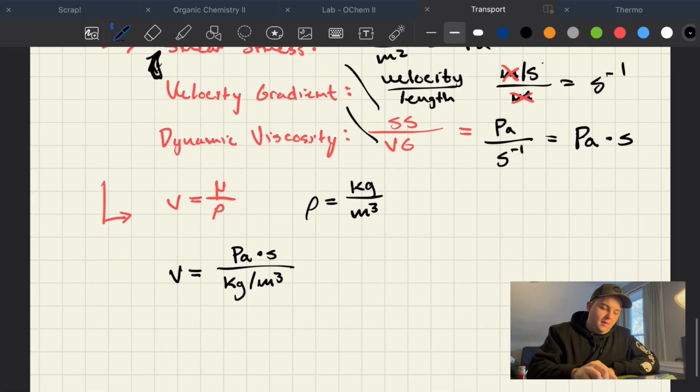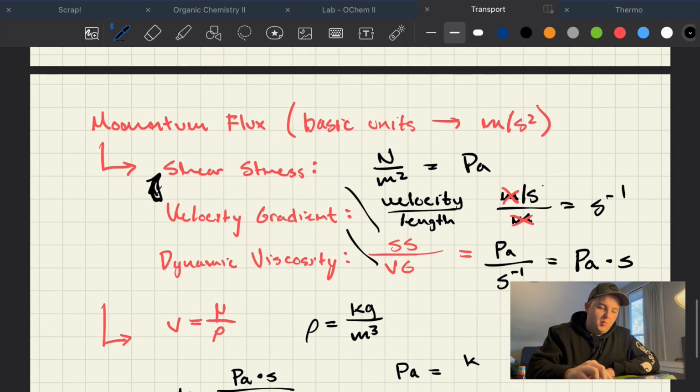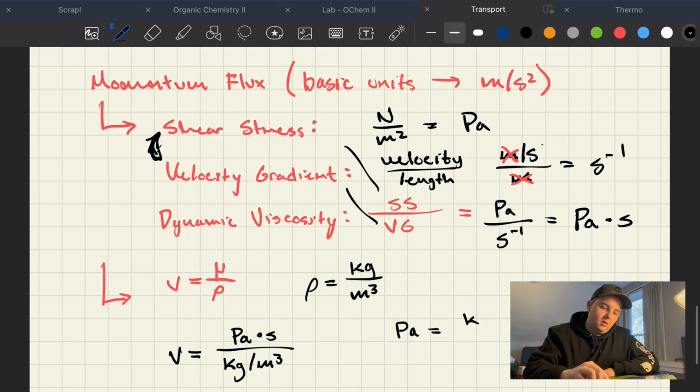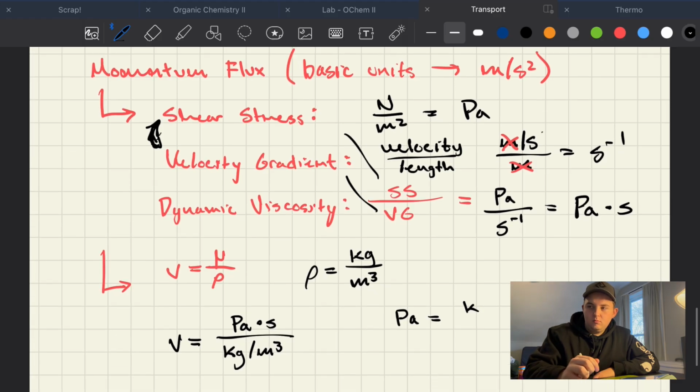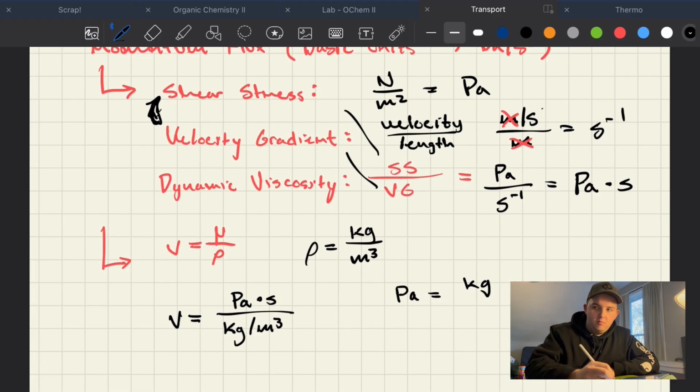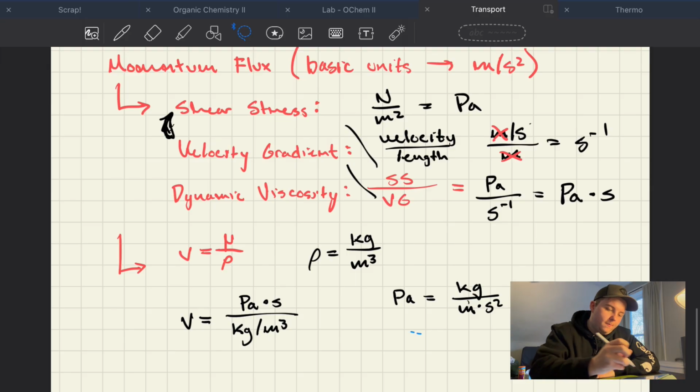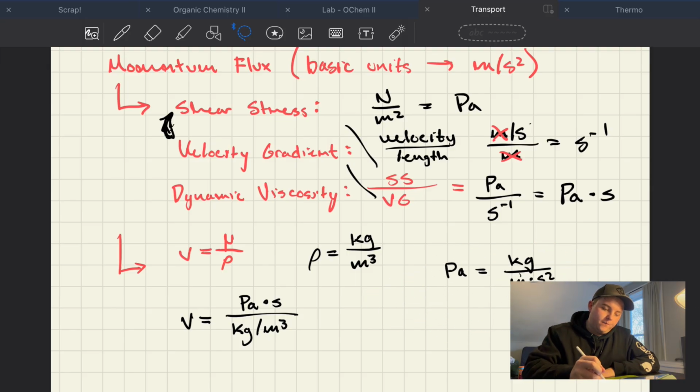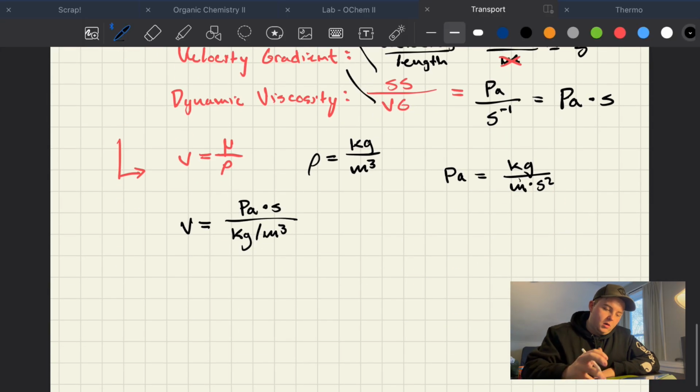And we have to remember that a Pascal is equal to, up here what we put, kilograms per meter second squared.